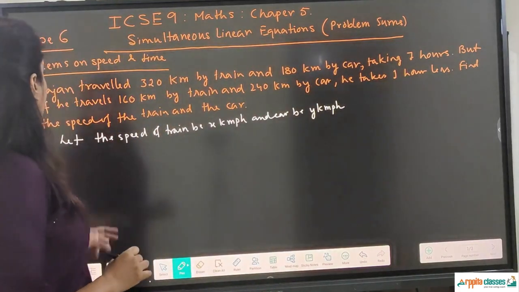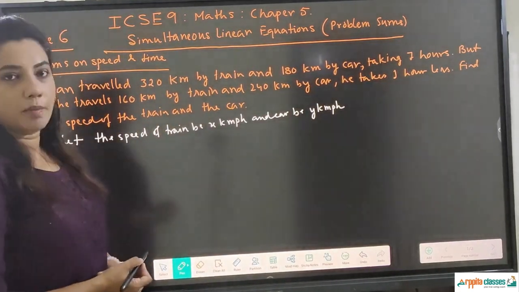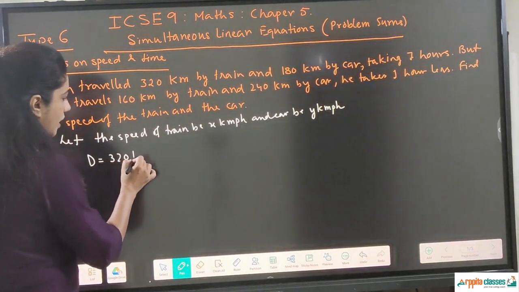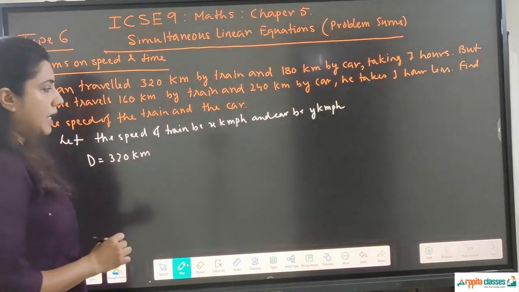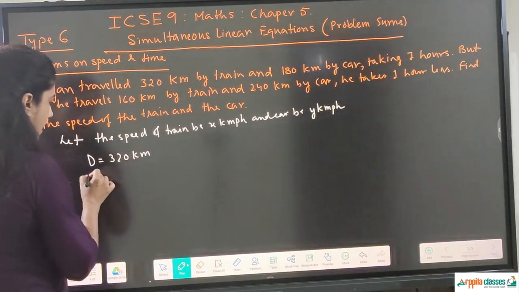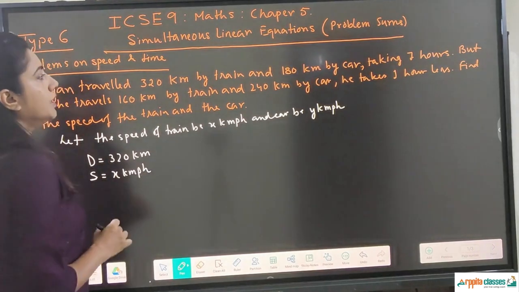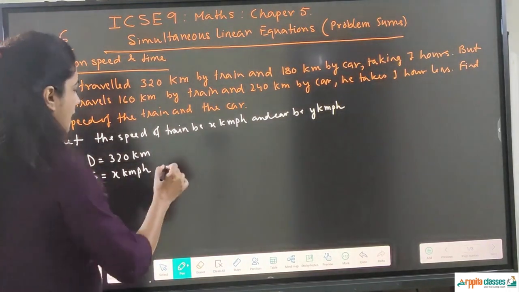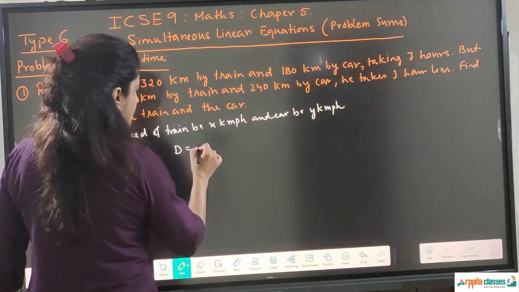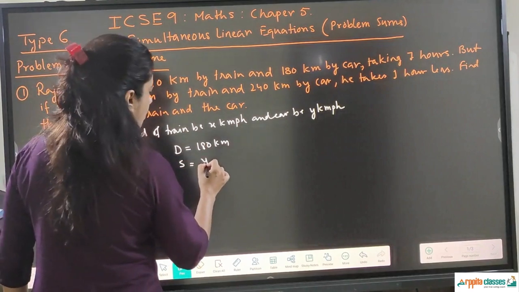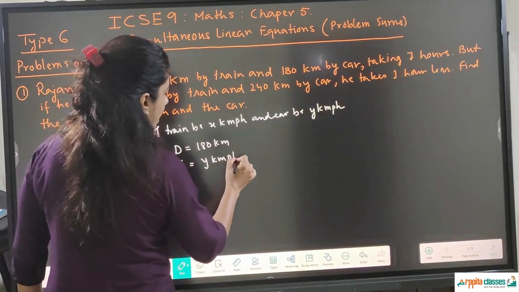Now, Rajan travelled 320 km by train. So here the distance is equal to 320 km, the speed by train is x km per hour, and 180 km by car. So another distance is 180 km where the speed is equal to y km per hour.